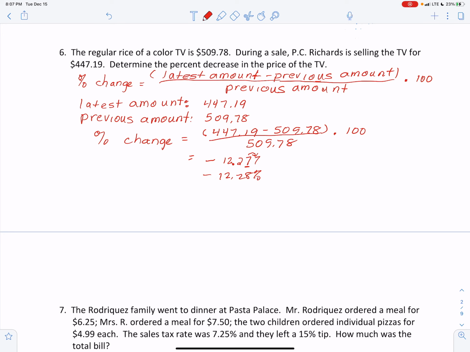But that doesn't answer the question. That's just the percent change. We want to know what's the percent decrease. So it's a 12.28% decrease. See, if the percent change was positive, it would be an increase. Since it's negative, it's a decrease.